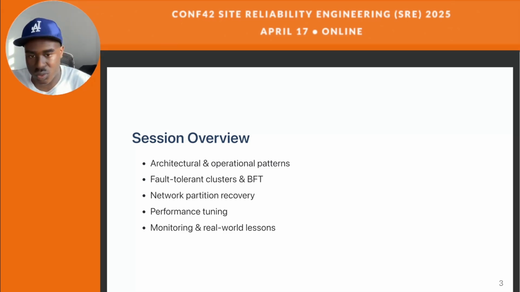After that, we'll discuss network partitioning, how you handle network partitions. Bad things happen. Then we'll talk about performance tuning and high availability. Then we'll cover monitoring and alerting strategies, so you can detect issues early. Then we'll review real-world failure scenarios.